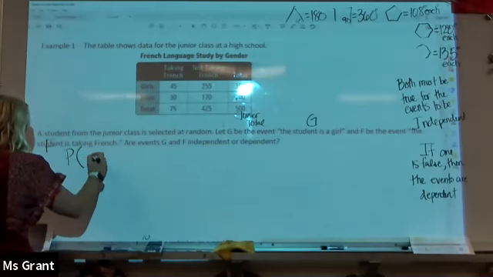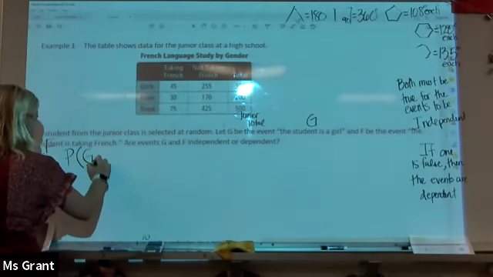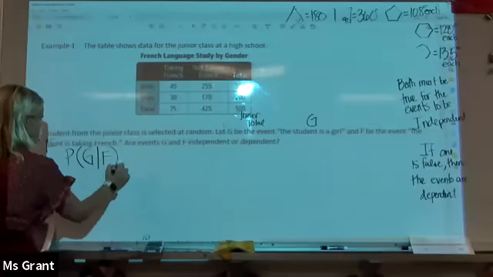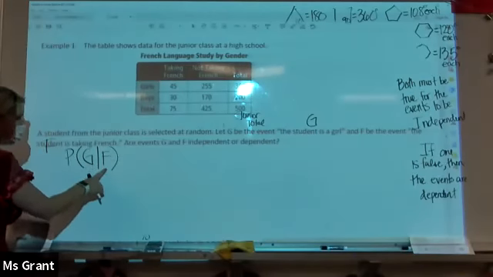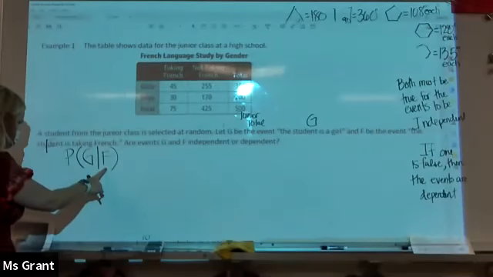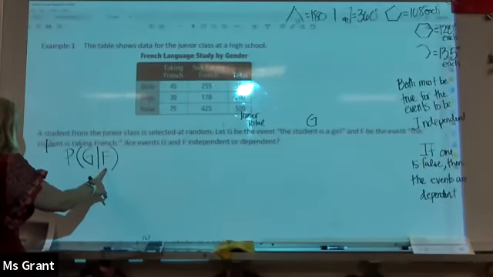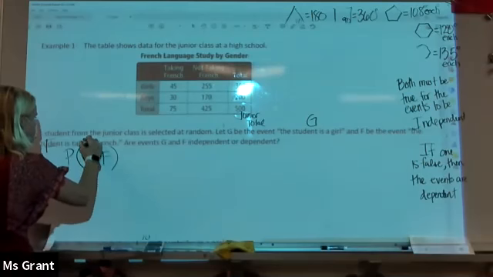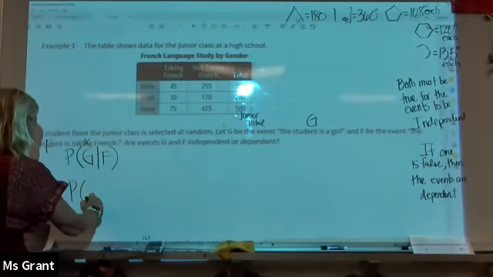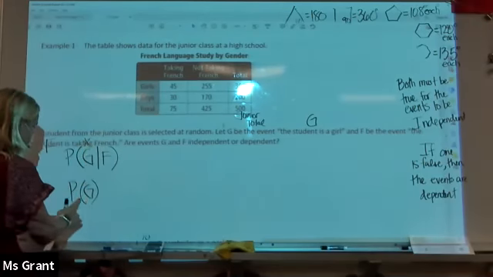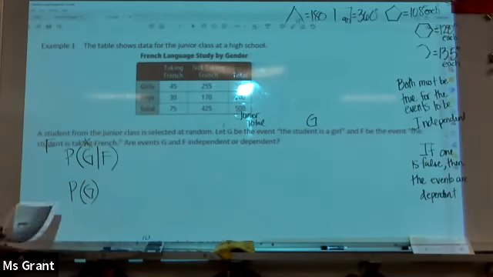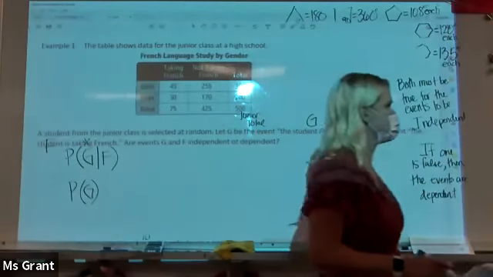What's the probability of it being a girl given they're taking French? And remember how it has to equal the first letter in the parentheses? I want to know, does it equal the probability of it being a girl? Or probability of girls? All the girls.